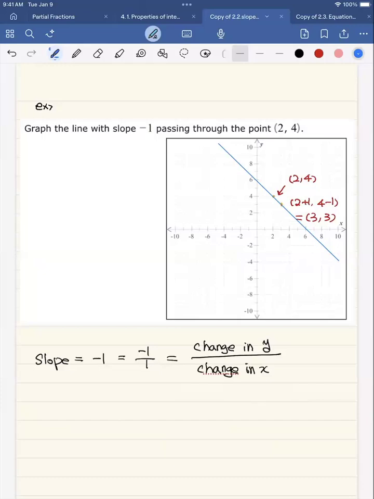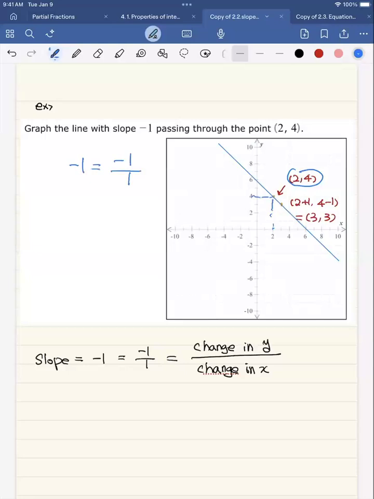The next problem is graph the line with slope -1 passing through the point 2 and 4. 1 point is given concretely, so we plot the point 2 and 4. This is 2 and this is 4, and slope is -1, so that can be written as -1 over 1.